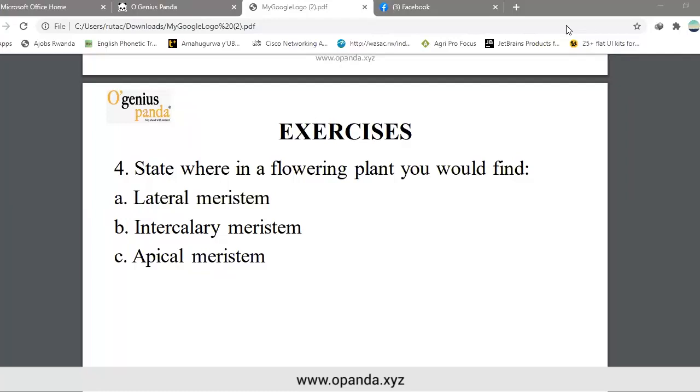Another? What about intercalary meristems? Where do we find them in the flowering plant?